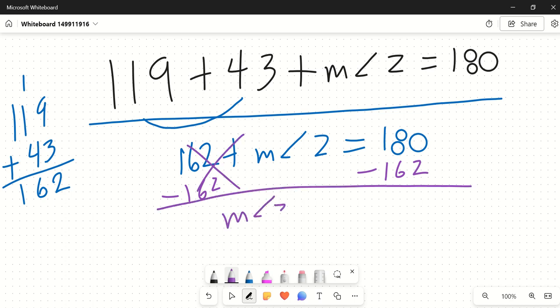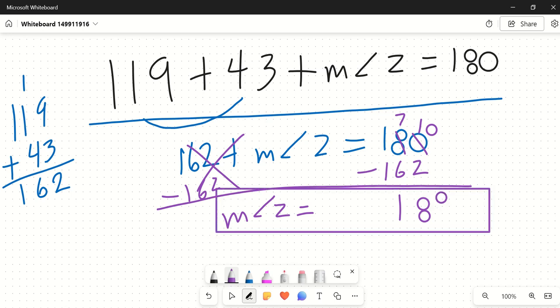Measure of angle Z will equal, and you guys are going to help me out. Can I do 0 minus 2? What do I need to do? Oh, I didn't say ladies and gentlemen. Gurleen. That'll become. And this will become. What's 10 minus 2, everyone? What's 7 minus 6? What's 1 minus 1? Guess what? The measure of angle Z must be 18 degrees.